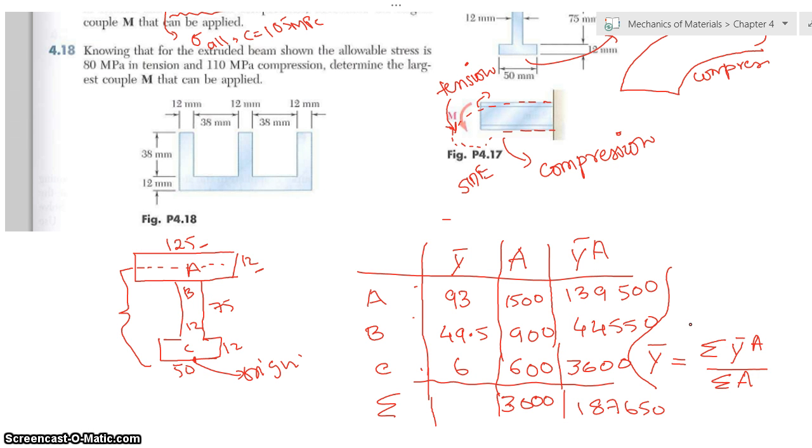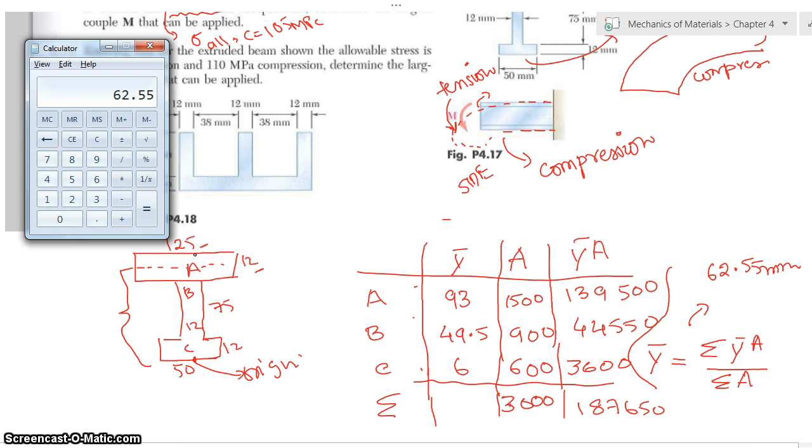So my Y bar is 62.55 millimeter from the bottom. So basically it's going to be like what?